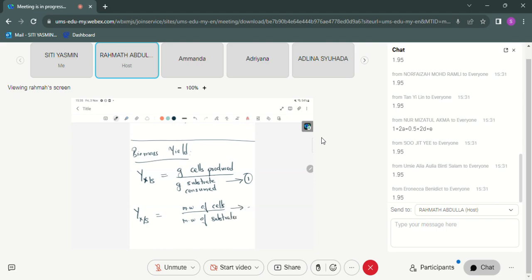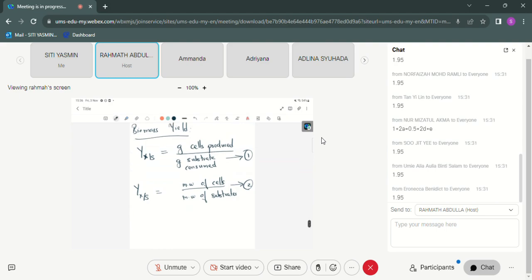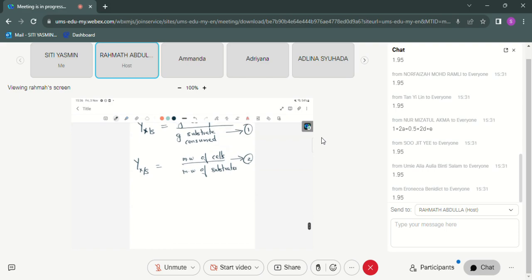So this goes as equation number 2. Let's calculate biomass yield with a few simple questions.